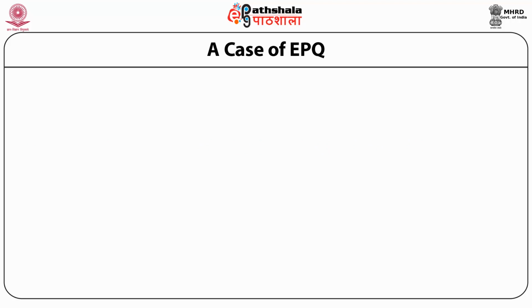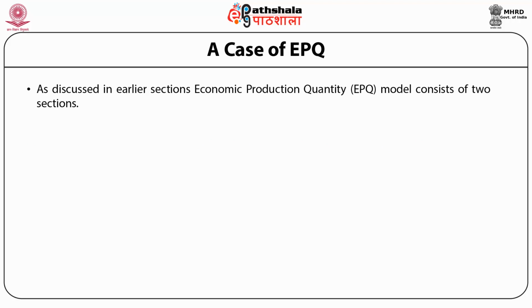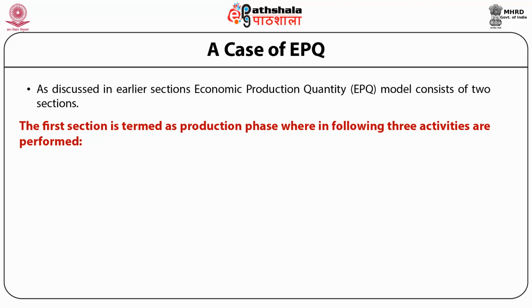A case of EPQ. As discussed in earlier sections, economic production quantity EPQ model consists of two sections. The first section is termed as production phase, wherein following three activities are performed.